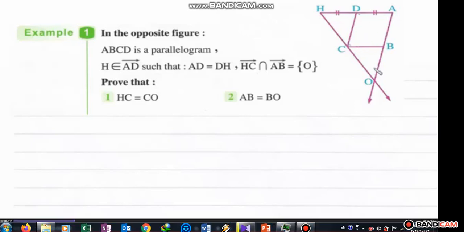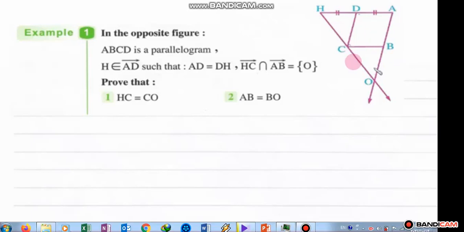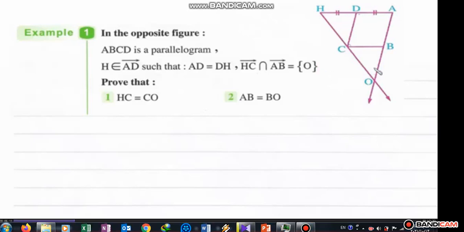Each two opposite sides are parallel. Then what? Then B is the midpoint of AO. In details, AB equals BO. Okay?